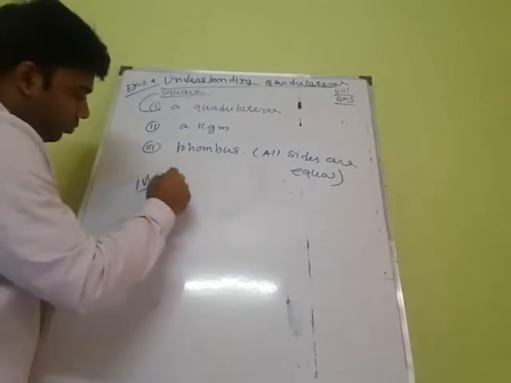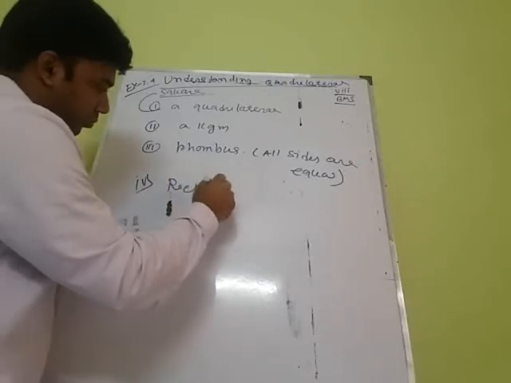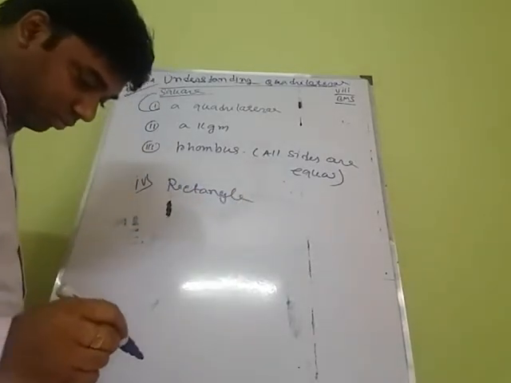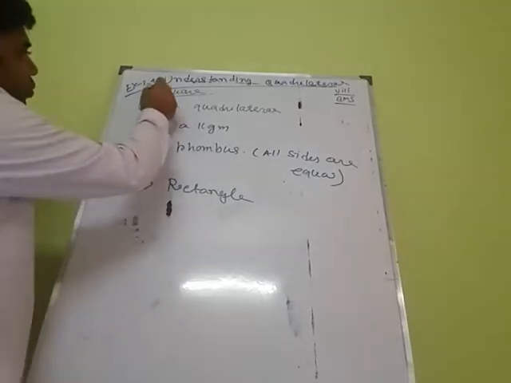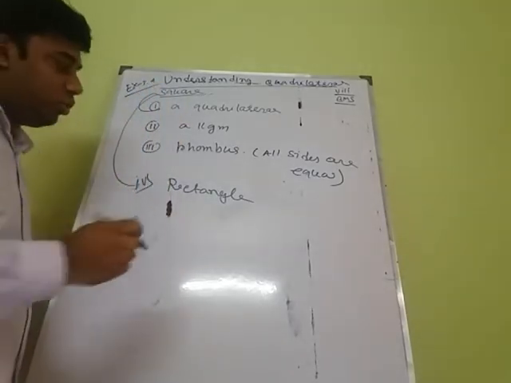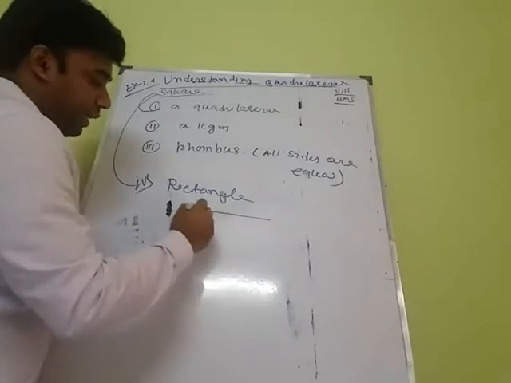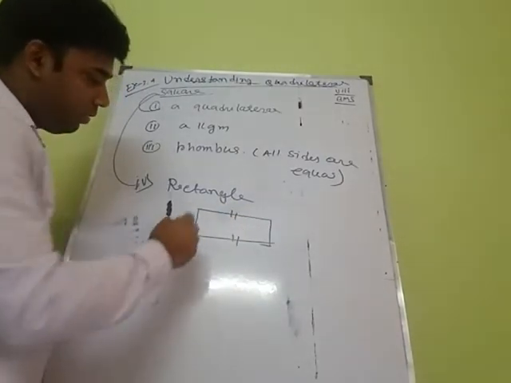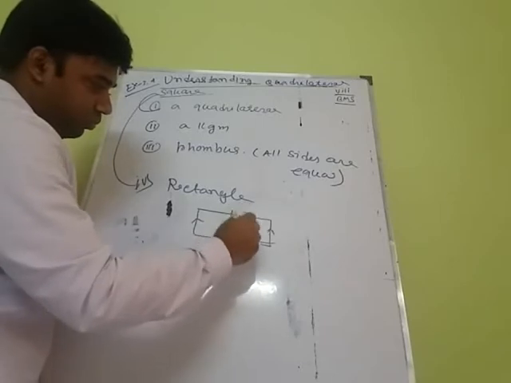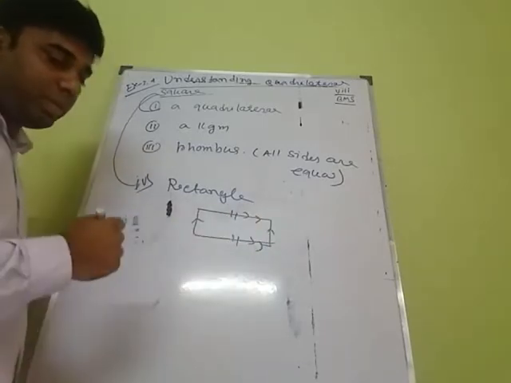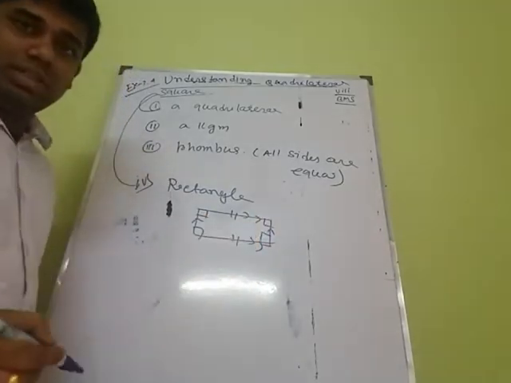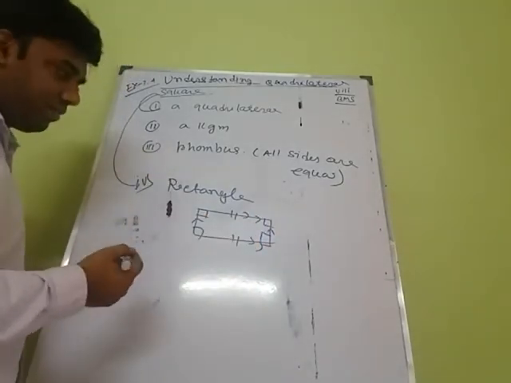And fourth, rectangle. How can I say a square is a rectangle? A rectangle means opposite sides are equal and parallel, and all the angles are 90 degrees. One angle of 90 degrees is enough for the definition.